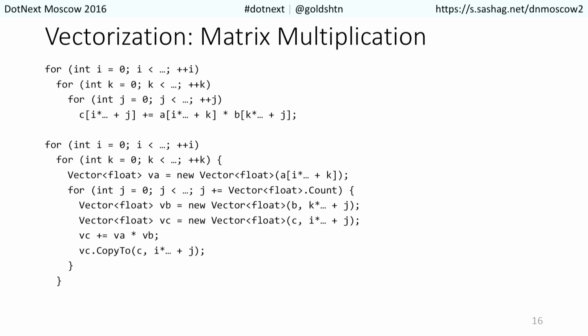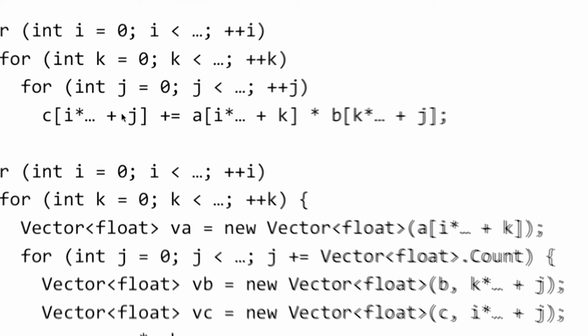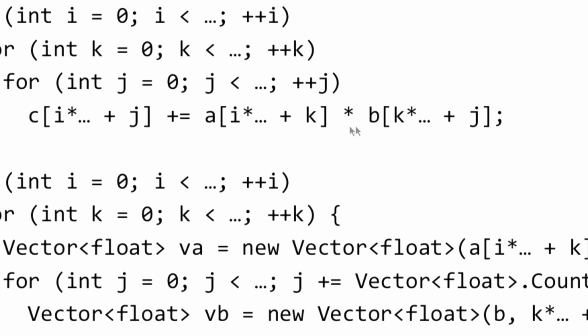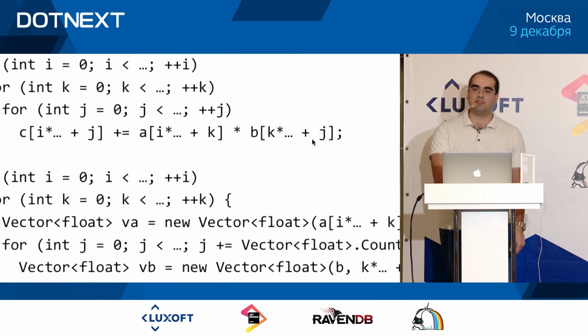It's just incredibly useful. And so, yes, you can vectorize matrix multiplication, because at the very core of matrix multiplication there is this line over here: C at i plus j, you increment that by A at i times something plus k, times B at k times something plus j.